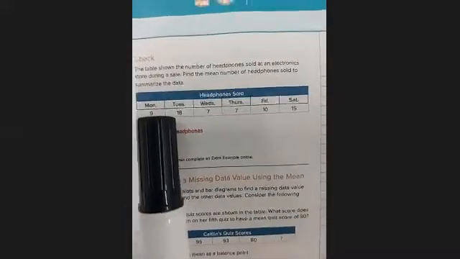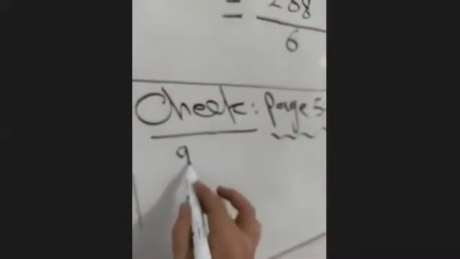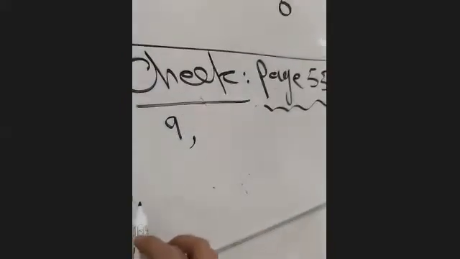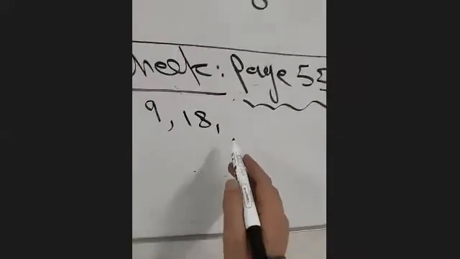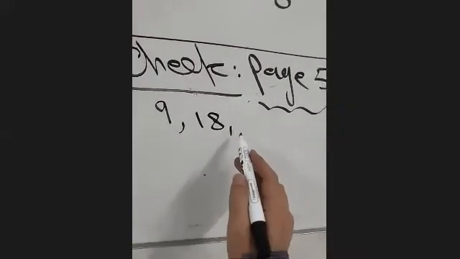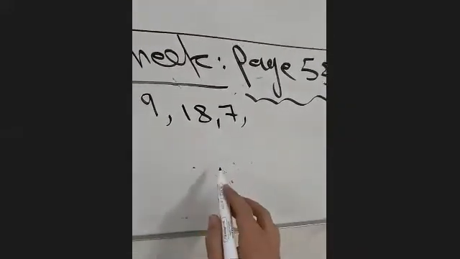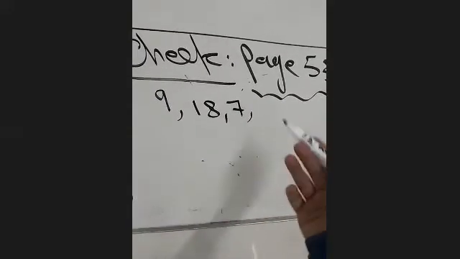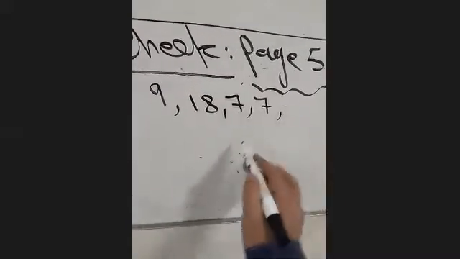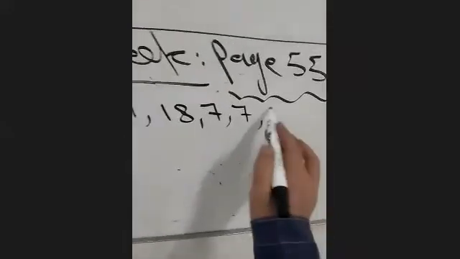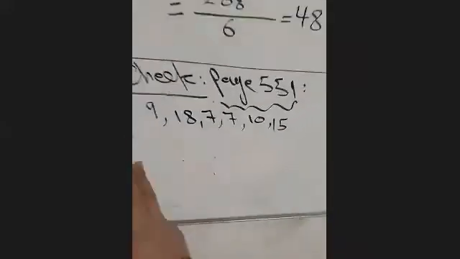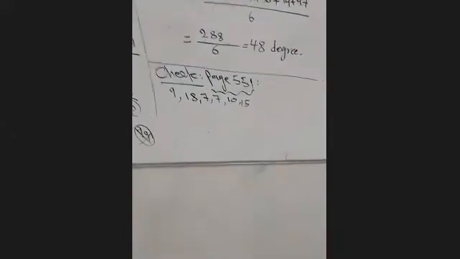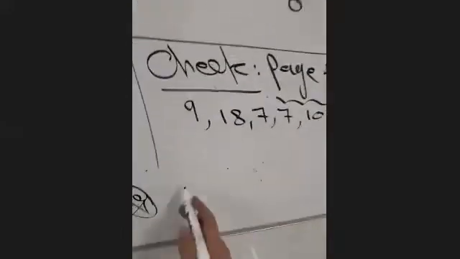15 headphones, right? So the numbers of headphones are 9, 18, 7, 7, 10, 15. We want to find the mean of these values.